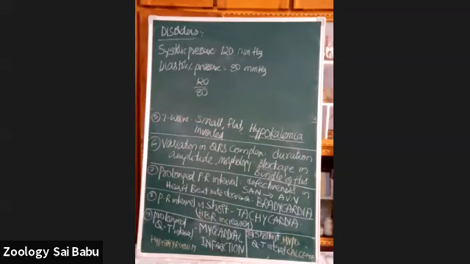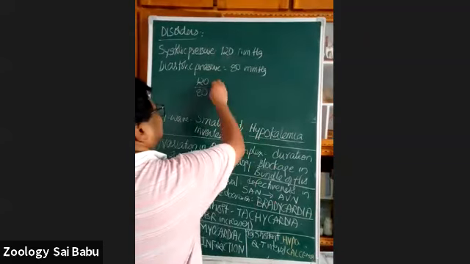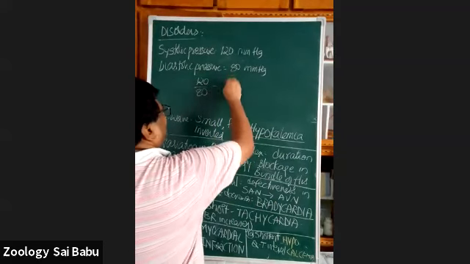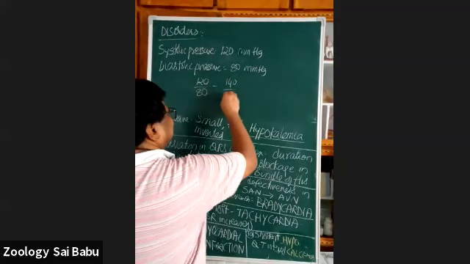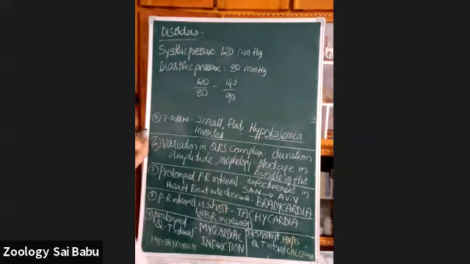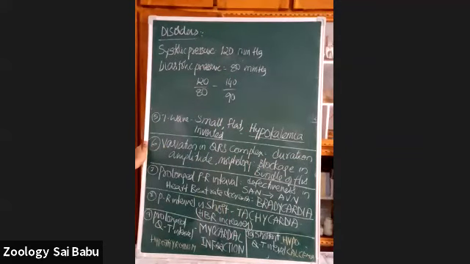This normal condition, as age proceeds, can vary up to 140 by 90. That is the maximum limit.